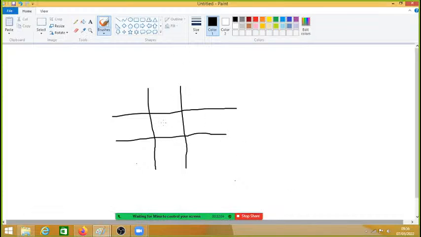So you can go first, choose any way you like, and then draw a nought or a cross. Just check if it's working as well. Okay, good.